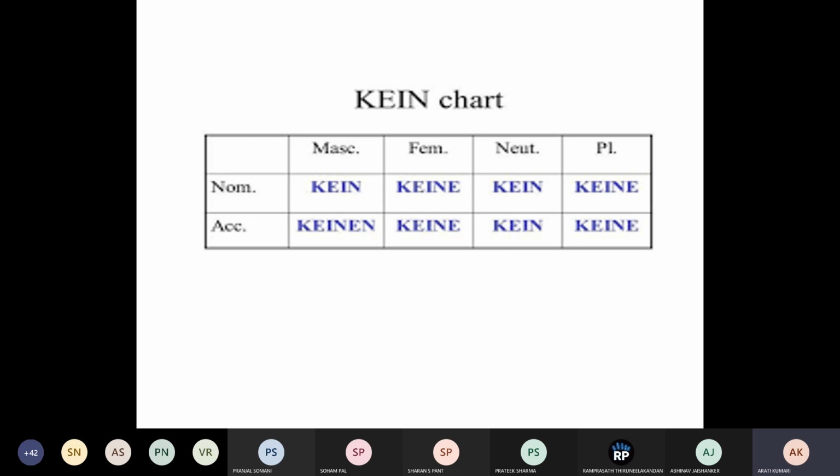Plural, it will be keine Männer, keine Frauen. That's how it goes. Okay? So keine Männer, keine Frauen, keine Kinder.